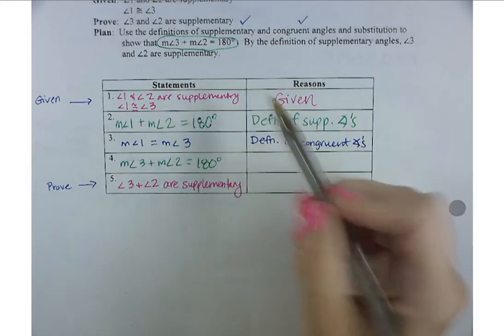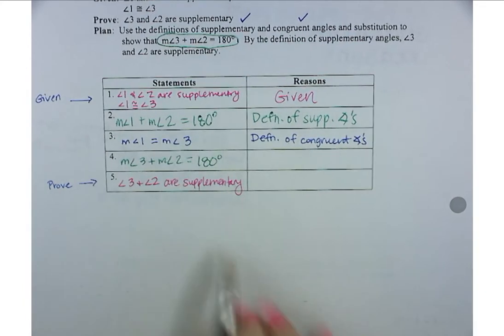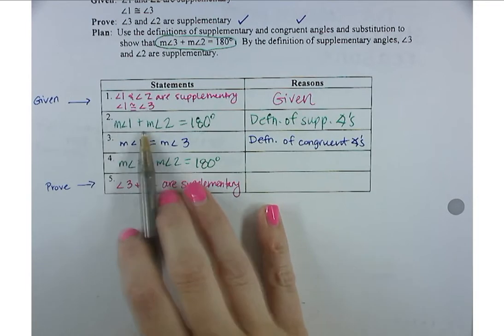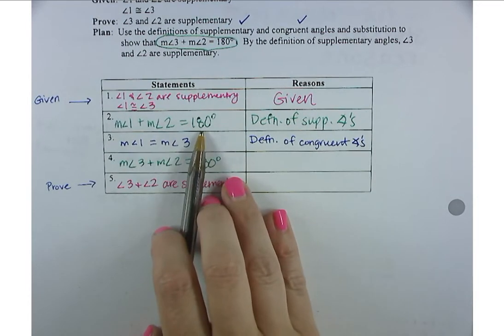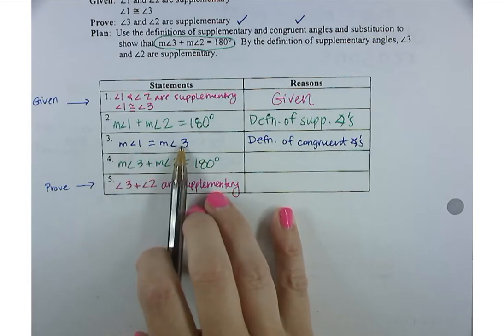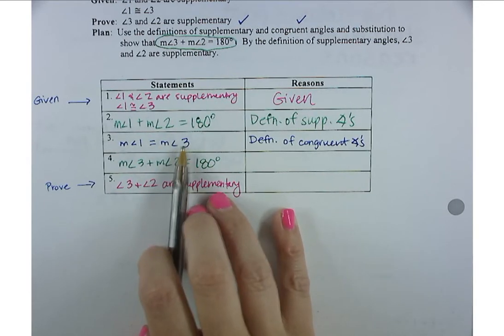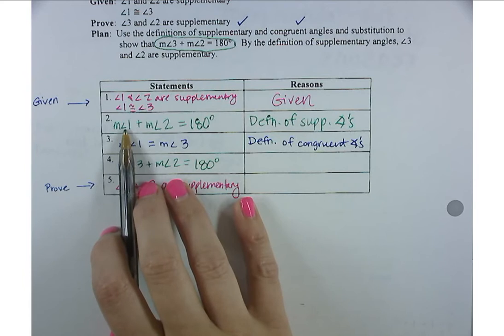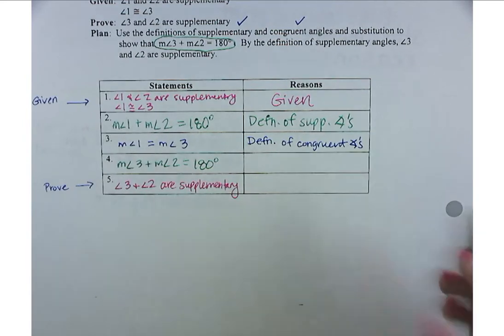So if we look back at our steps here, we have the measure of angle 1 plus the measure of angle 2 is 180. We know that 1 and 3 are equal, so really we just took the measure of angle 3 and replaced it in the equation. So if we replace one measure with another, what do we call that? Substitution. Okay, so this is going to be substitution.